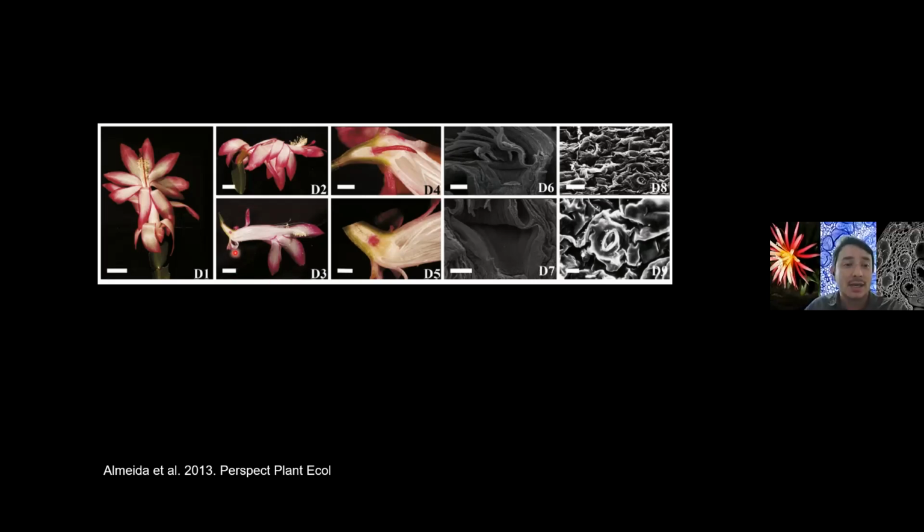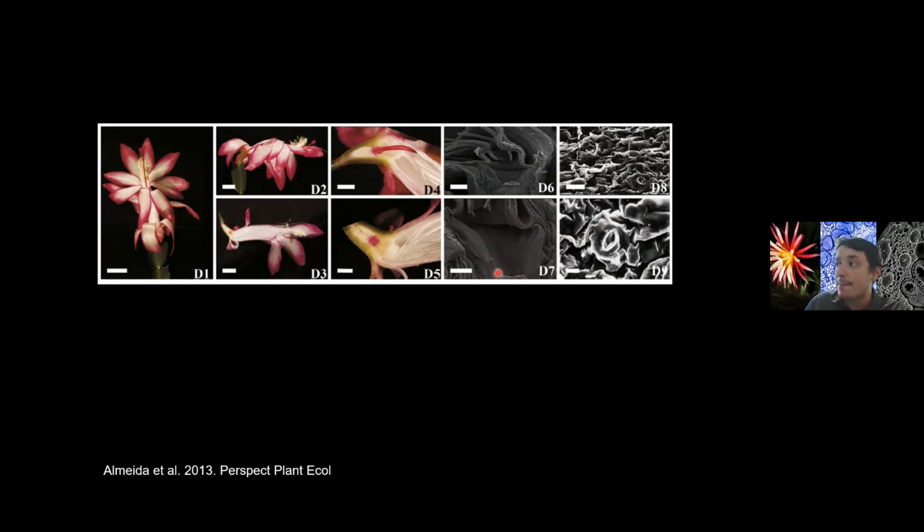It has a flower that has a tube, but the nectary itself is a little bit similar to those from Lepismium or from other species of Achiora.